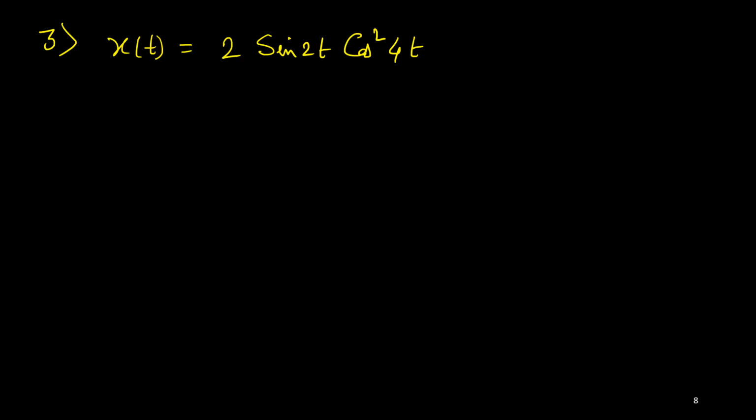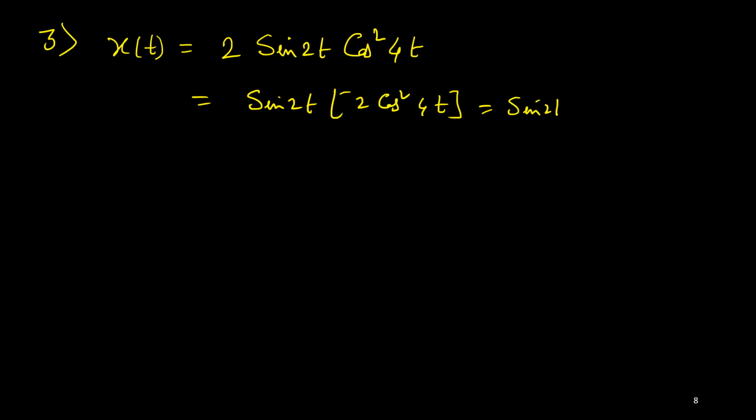That may not work, because each frequency component is phase shifted by 90 degrees. So you need to consider single frequencies. So you need to expand it first. Okay, so what I can do, this 2 cos square 4t, we can replace.